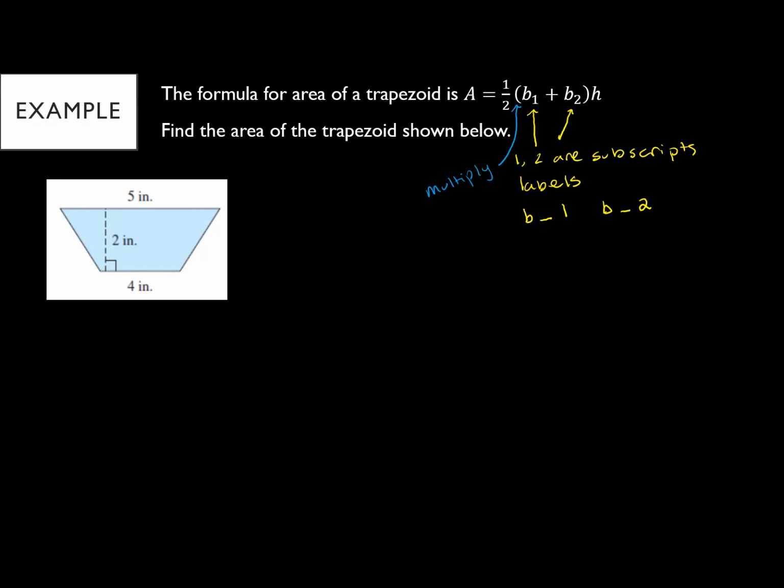This is 1/2 times, and then there's another multiplication by H here. So we have 3 things that we're multiplying together. B1 plus B2 is grouped together by the parentheses. It's important to understand what the equation is telling us and what we're doing, so that you know what to do with it.